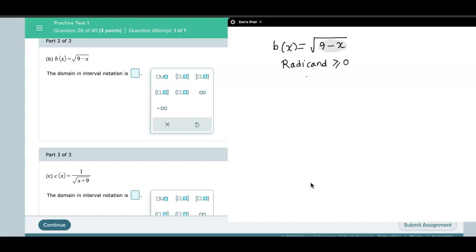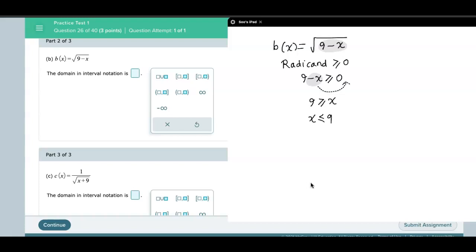So this time we say 9 minus x is greater than or equal to 0. And let me just move this x to the other side, okay? If I move the x to the other side, I will get 9 is greater than or equal to positive x. In other words, if 9 is bigger than x, x is smaller than 9.